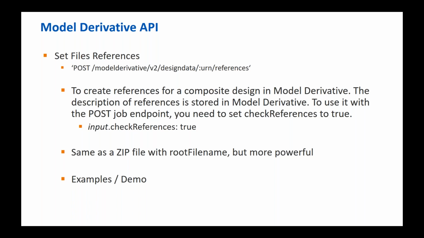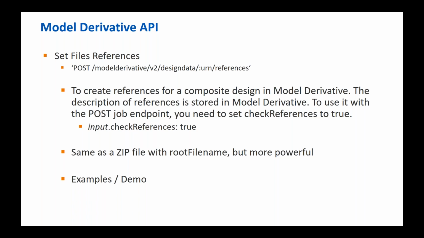So you would still have the master file, the root file, the one from which you're going to start, and you would describe every single reference that you need to instruct the system. So whenever the model derivative API loads your file, it knows which file it has to load from where.